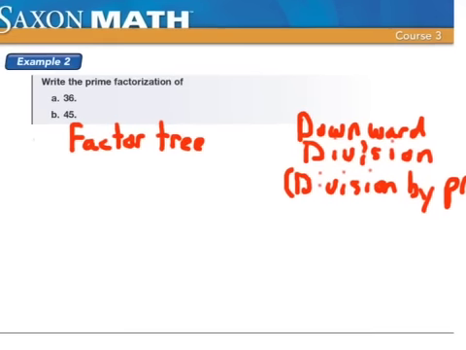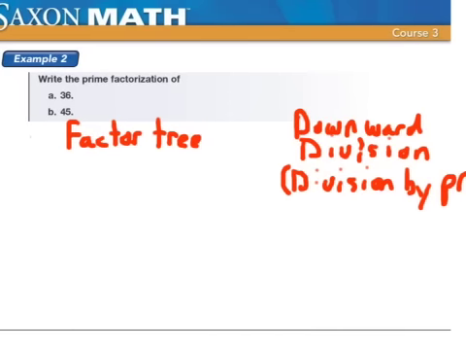Now let's talk about these. I'm going to do the prime factorization of 36 using a factor tree, just to show you the method. And then I'll do 45 by downward division so you can get a taste of both of them. Here's how a factor tree works. You want to break apart 36 and get it down to just prime numbers, to prime factors.